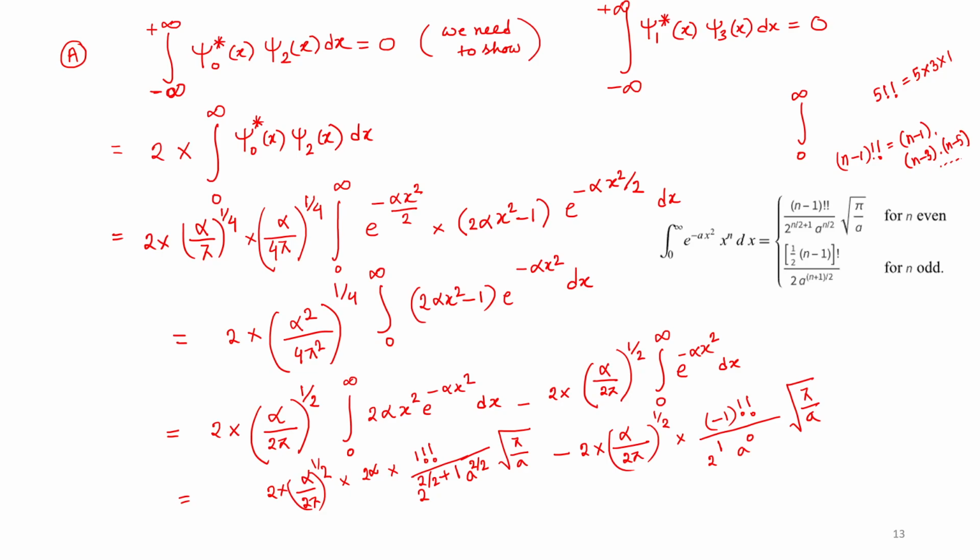Let us first solve it for this part. So what we are getting is 2 into, when we write in terms of this, alpha by 2 pi.